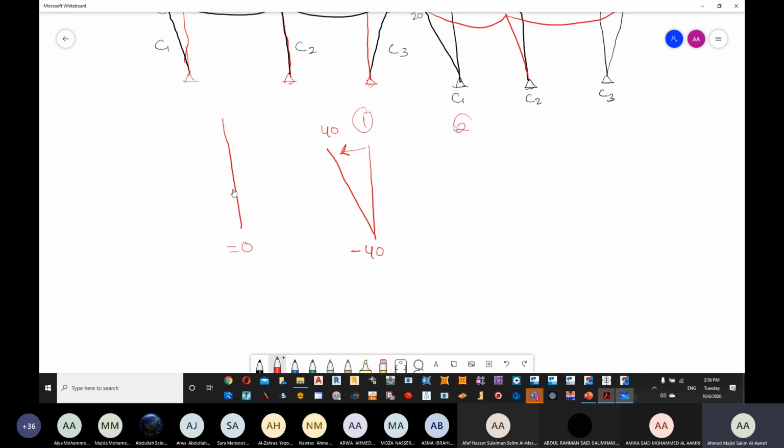After that, I have pushed this column by 20 to the right side. So this is plus 20. Now, what is the total value? The total value is going to be minus 20. Minus is representing left, so my drawing is going to go for the 20 value.